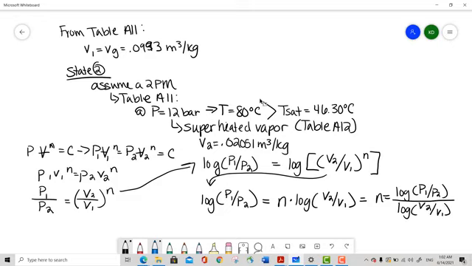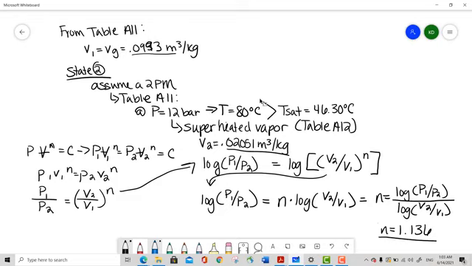And then just to save space, here you see that we've gotten V1 and V2, so you would just plug those in along with the pressures that we were given. And then when you solve this, you get N equals 1.136.